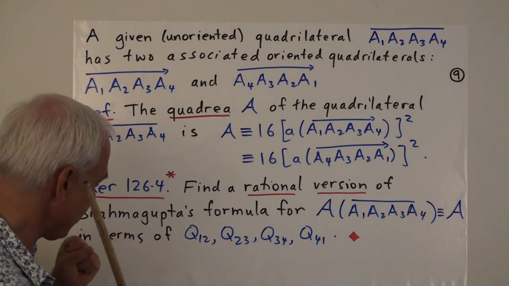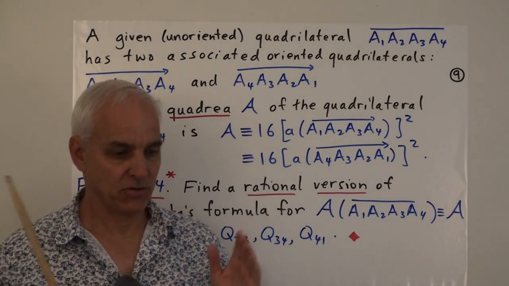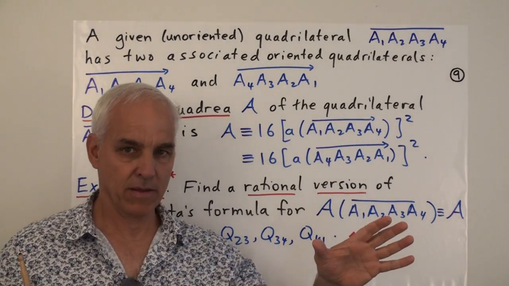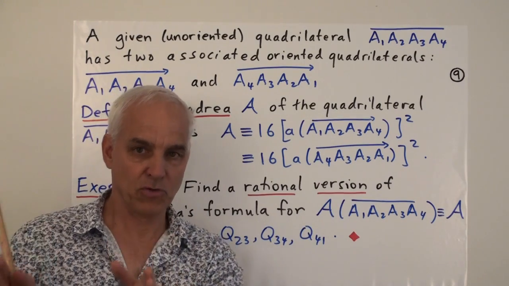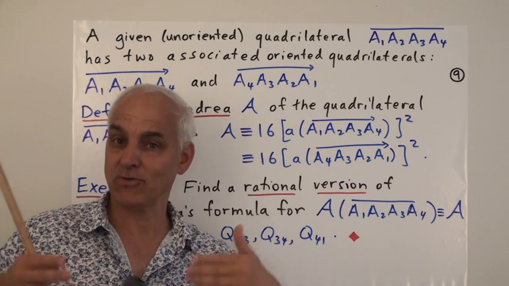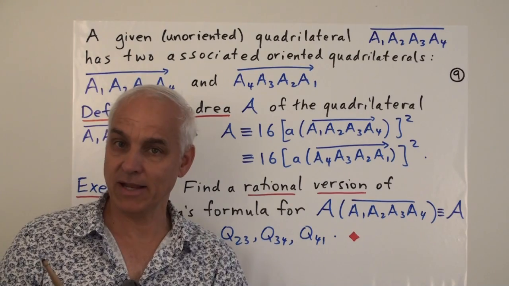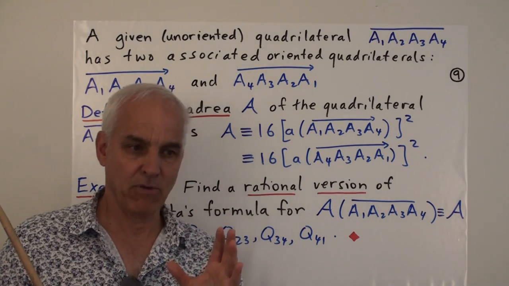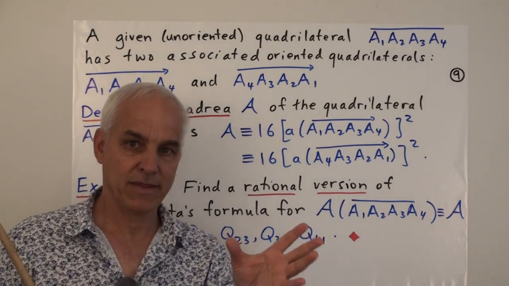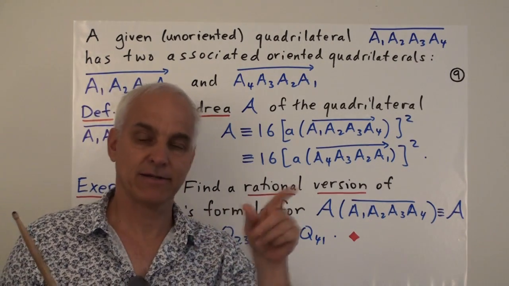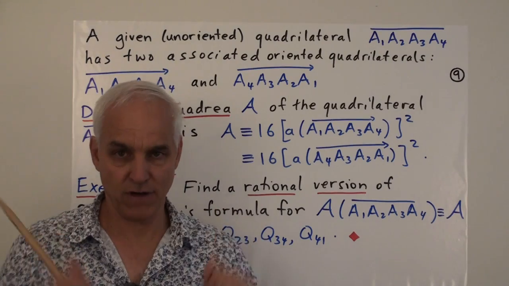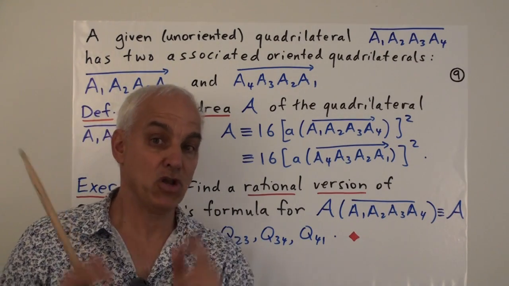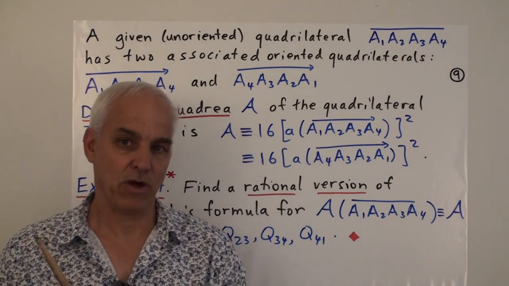Okay, so now we can ask the crucial question which we've been moving towards. We have Brahmagupta's formula. We have the quadruple quad formula. We have this lovely factorization, which we call Brahmagupta's identity. We saw that somehow there was some similarity between Brahmagupta's formula for the area of a convex cyclic quadrilateral, whatever convex means, and Robbins' formula for the area of a non-convex cyclic quadrilateral.